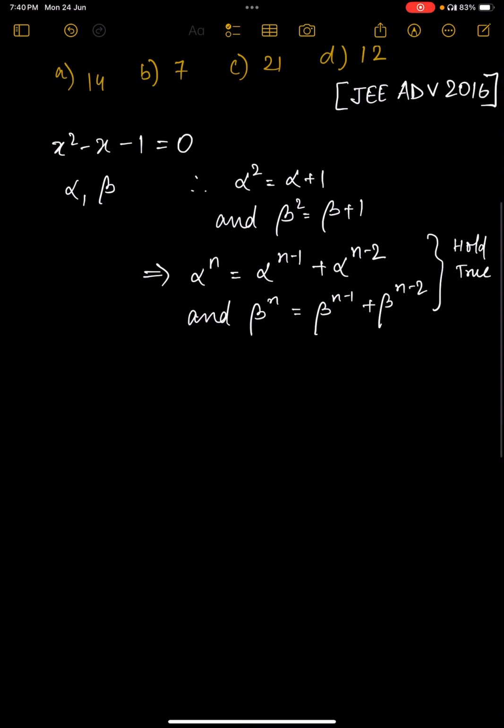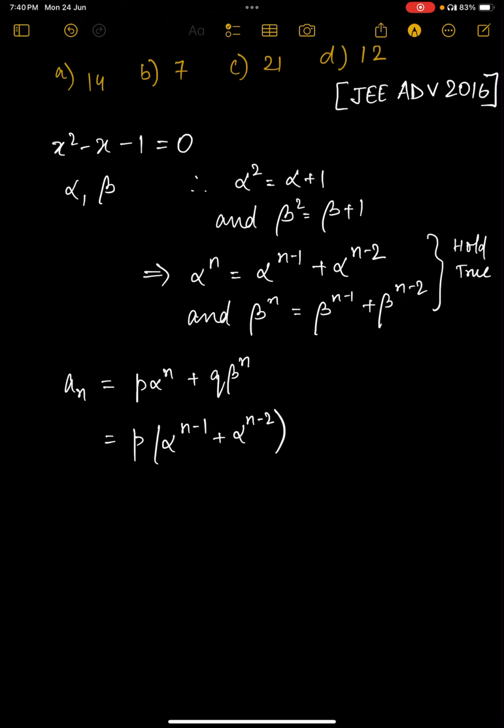Now, if this is correct, then we have a subscript n is equal to p alpha power n plus q beta power n. This I can very easily write as p into alpha power n minus 1 plus alpha power n minus 2, plus q into beta power n minus 1 plus beta power n minus 2.